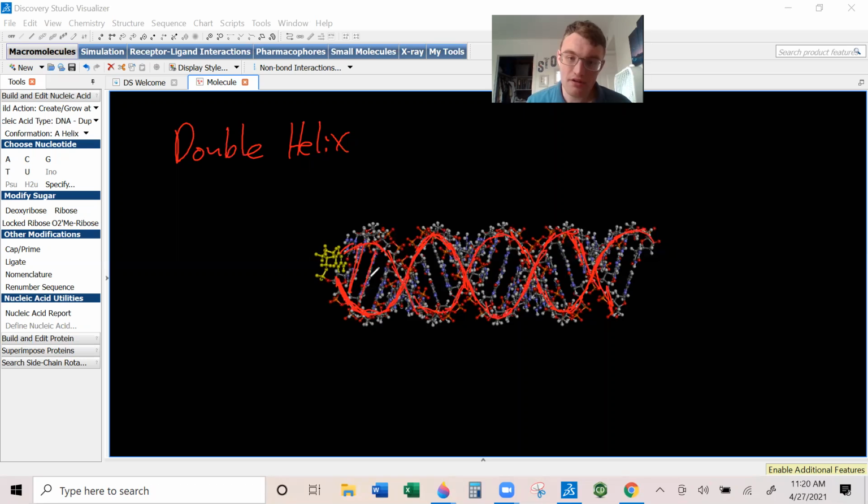And there's your nitrogenous bases pairing up across the middle there. Ta-da, your traditional DNA molecule representation. So that's the double helix. That's the shape a DNA molecule makes in its double-stranded form.